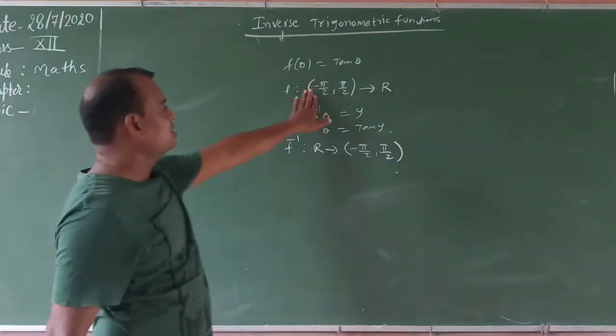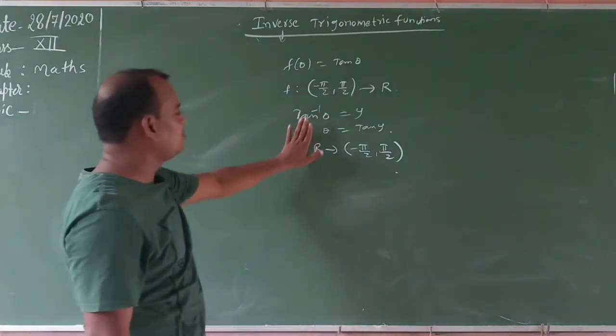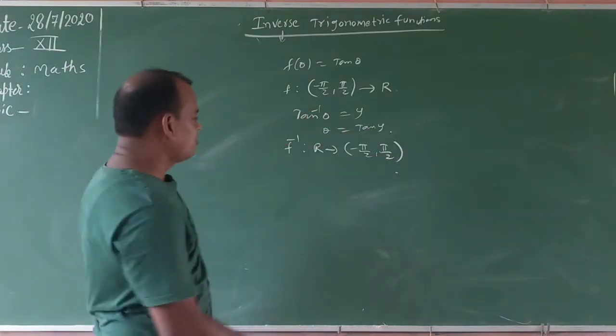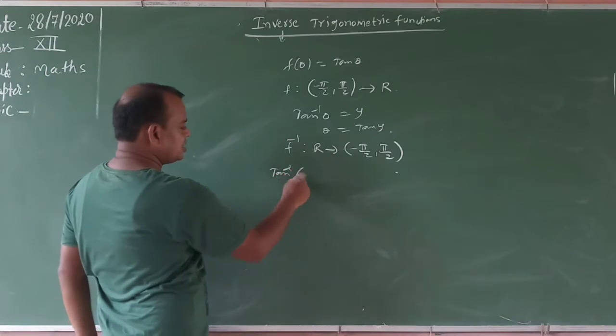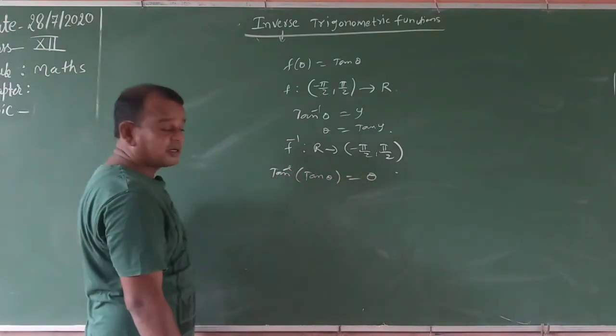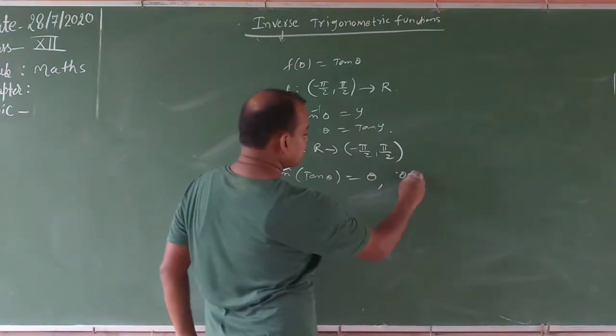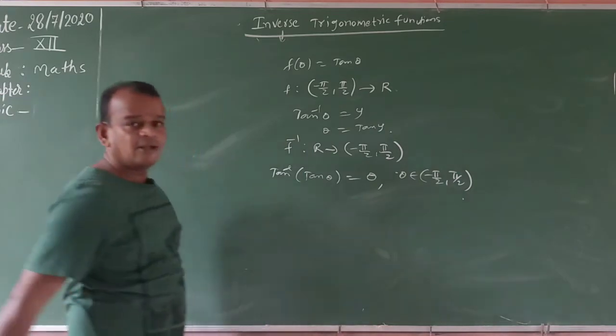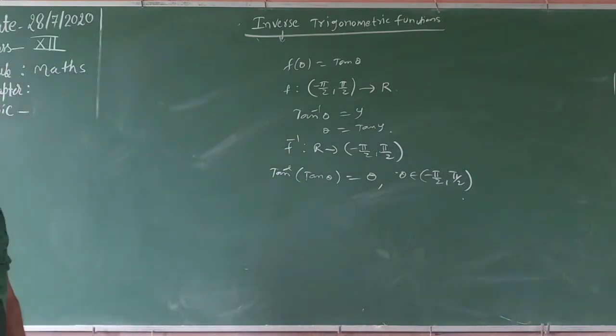What is the domain and range of tan theta? What is the domain and range of tan inverse of x? Now theta equals tan inverse of tan y. Now tan inverse of tan theta, 100% that is equal to theta. No doubt at all. This is theta, where theta belongs to the open interval minus 90 comma plus 90 only.